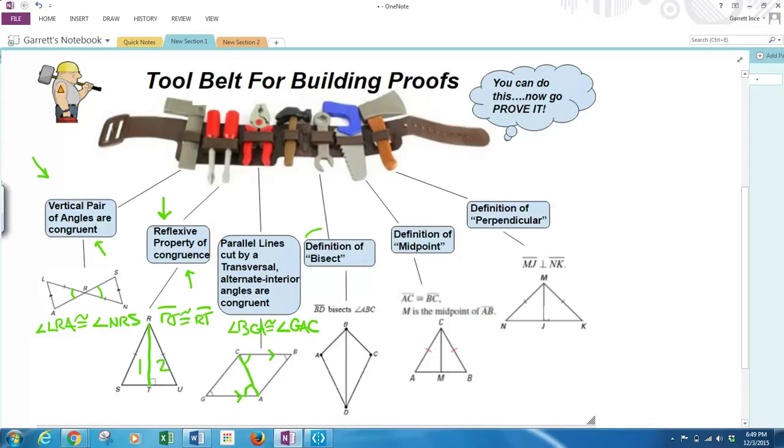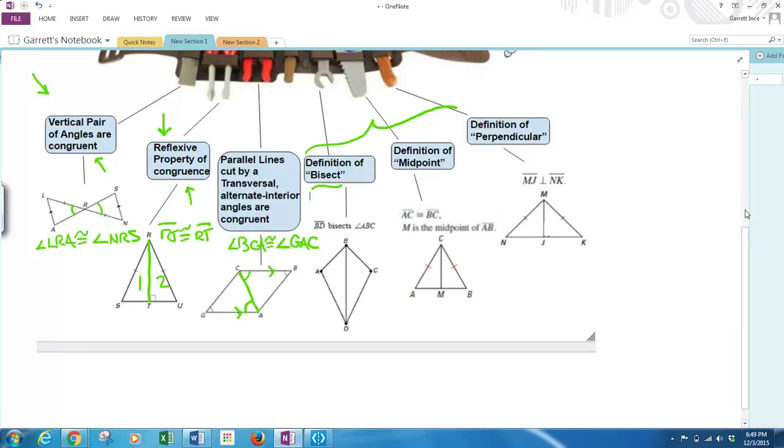Now, these last three that we're going to discuss are kind of similar in that you're relying on the definition of a certain piece of academic vocabulary that you've probably discussed in the past. This first example, we're going to use the word bisect. The word bisect means to cut in half, or another way of thinking about that is to cut into two equal parts. In this visual, we are provided with a given piece of information that side BD bisects, keyword there, angle ABC. So you want to make sure that you identify that.